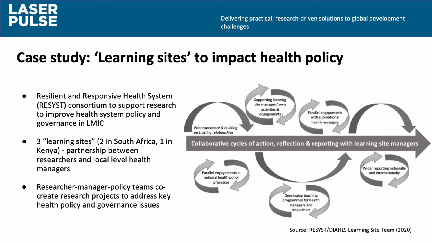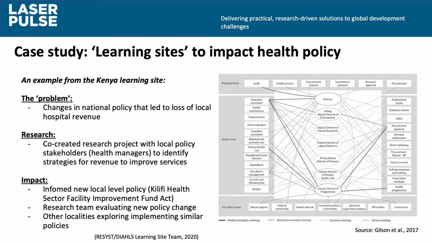I won't go through all of these, but to highlight a few, the model includes building trusting relationships between researchers and partners, including policy stakeholders, engaging in national health policy dialogues, developing teaching materials and programs for health managers as an example of a translational research product, and widely disseminating their research at different scales, from the local level to the national to the global level with partners and communities. This example comes from the consortium's Kenya Learning Site.